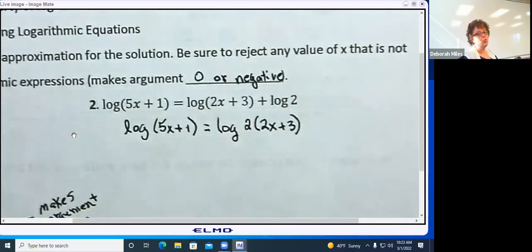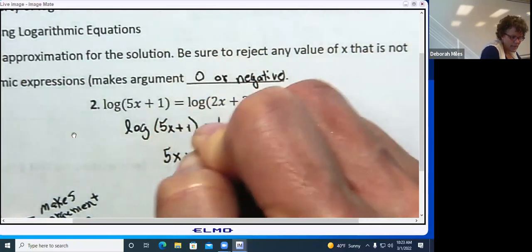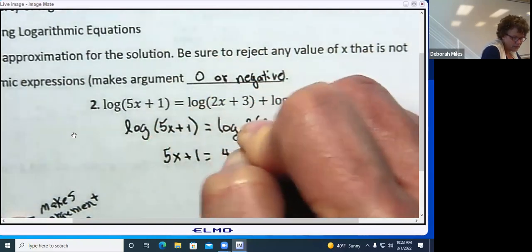And this is the one-to-one property. If log of 5x plus 1 equals log of 4x plus 6, then 5x plus 1 has to equal 4x plus 6.